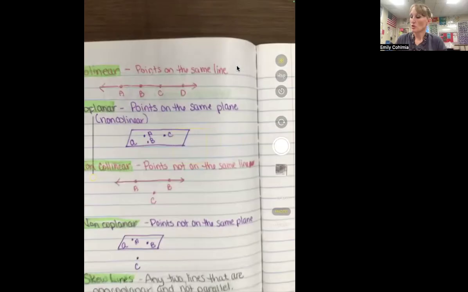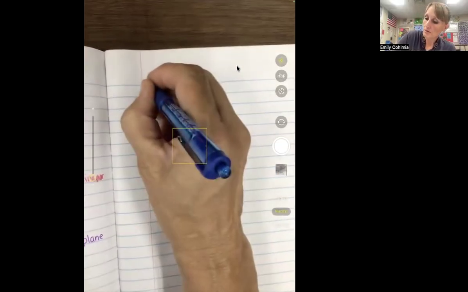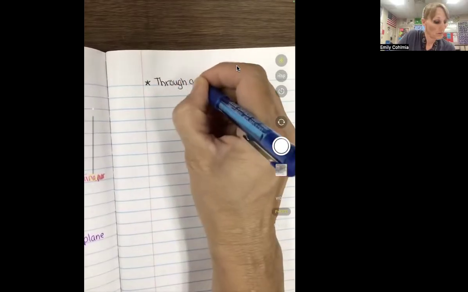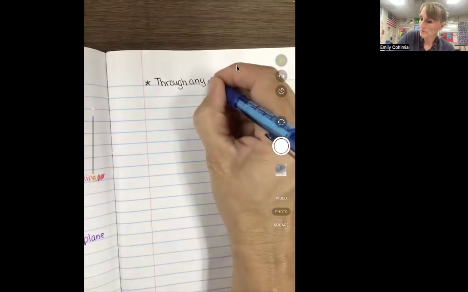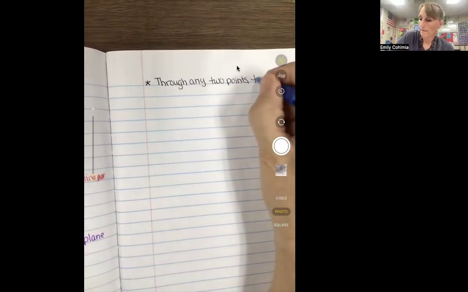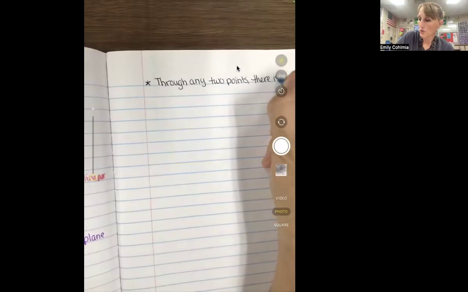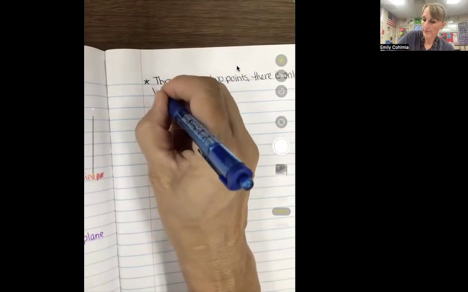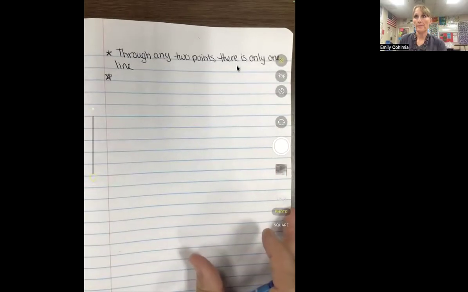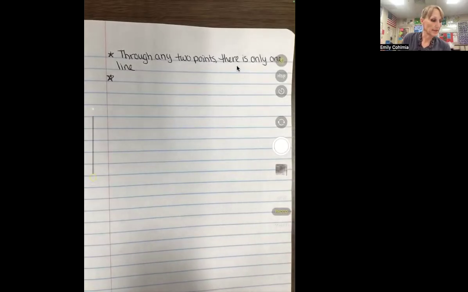Some things that you need to know are that through any two points, there is only one line. So through any two points, there's only one line, so you won't get multiple lines out of two points.